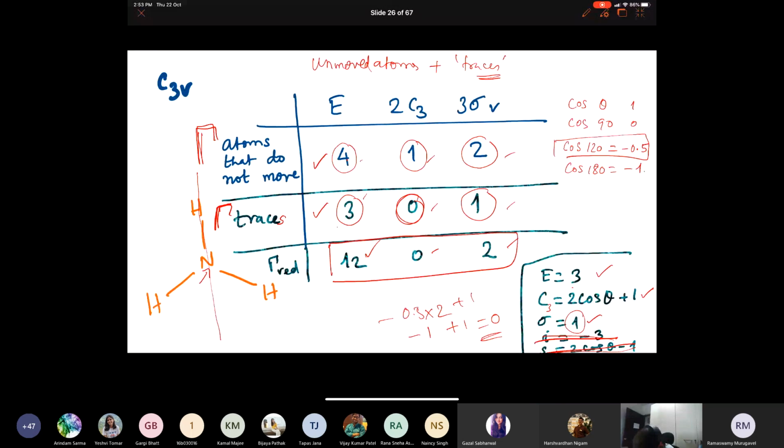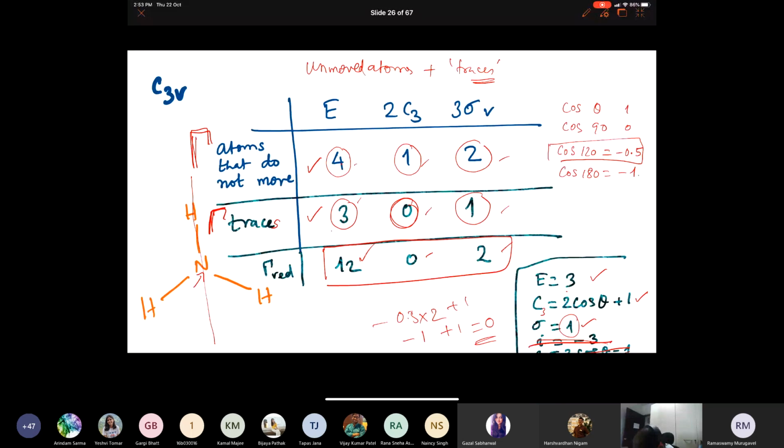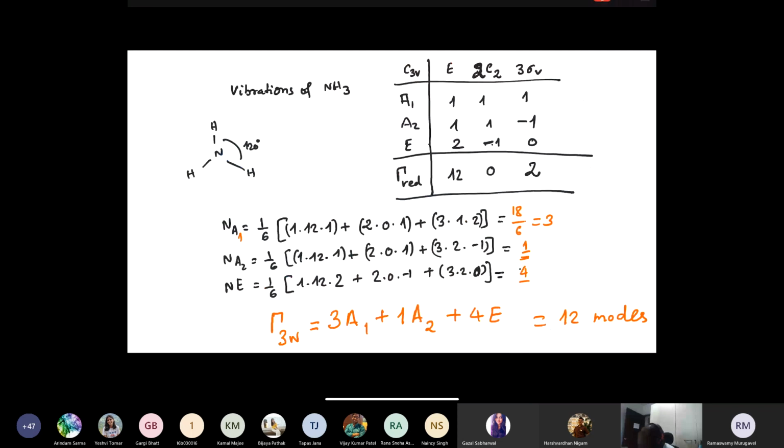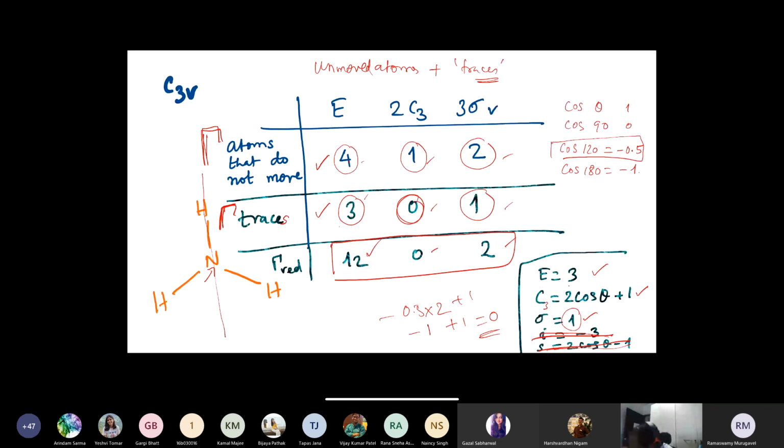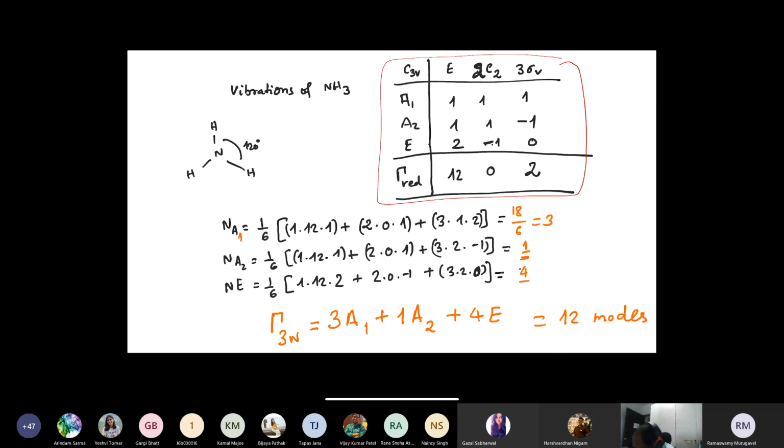Okay. Now, the next slide, I have drawn the character table once again. This is the character table, what you see here. The 12, 0, 2 I have taken from here and written at the bottom, the reducible representation. Okay, this is total. Like Cartesian coordinates, I didn't use Cartesian coordinates, but I used this unmoved atom plus traces formula.